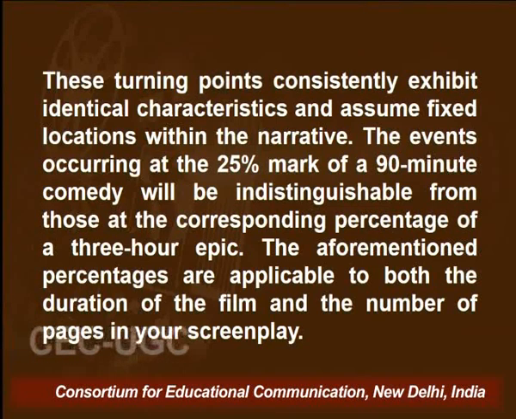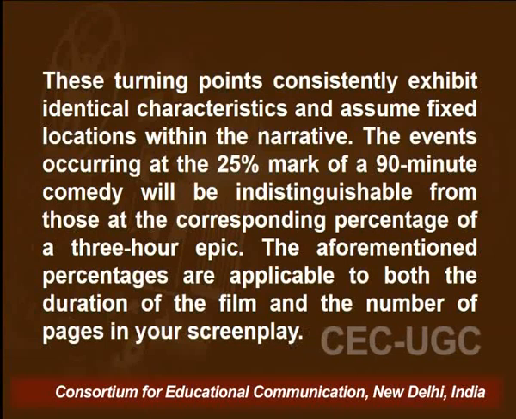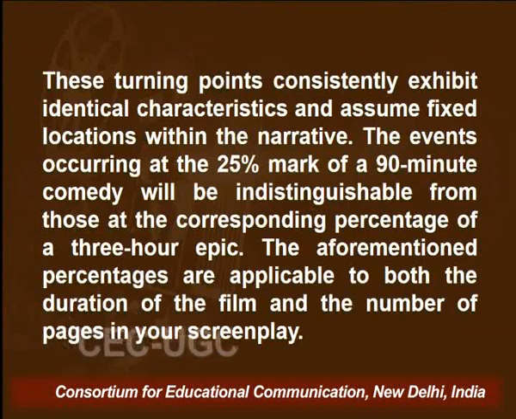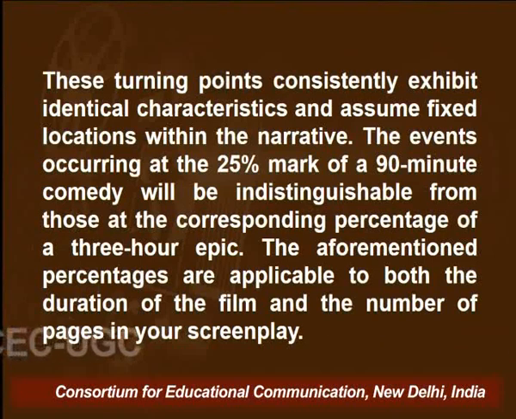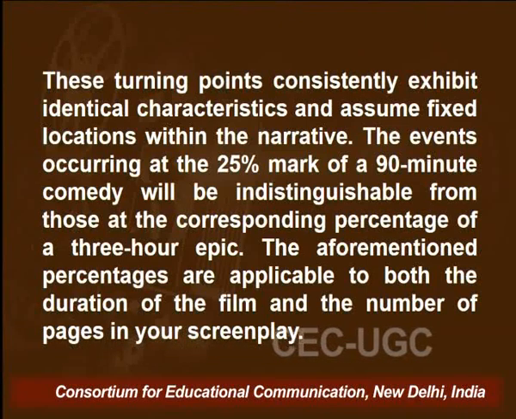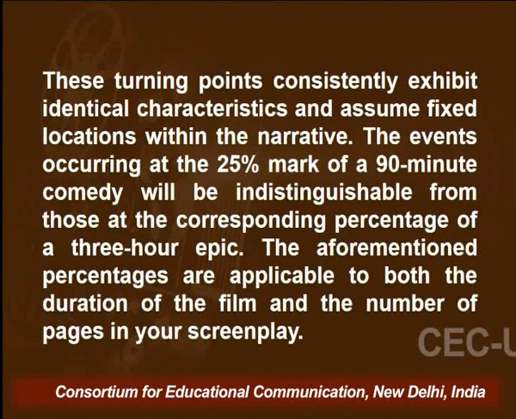Now, these turning points consistently exhibit identical characteristics and assume fixed locations within the narrative. The events occurring at the 25% mark of a 90-minute comedy will be indistinguishable from those at the corresponding percentage of a 3-hour epic film. Now, what does it mean?